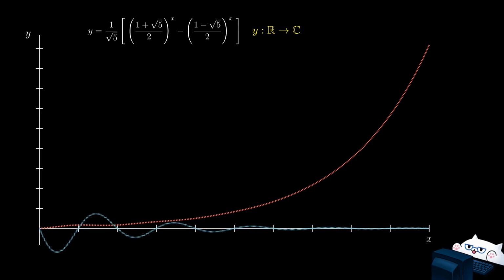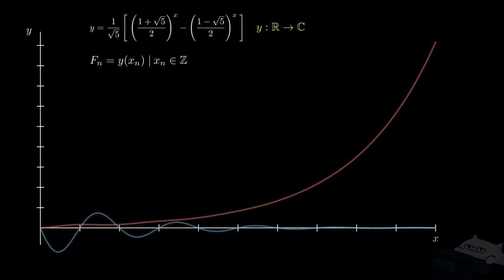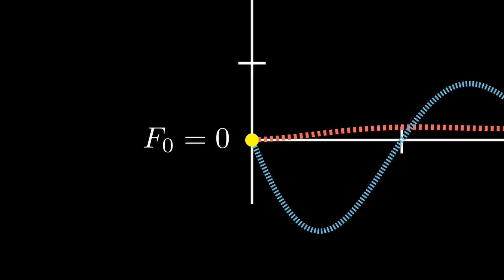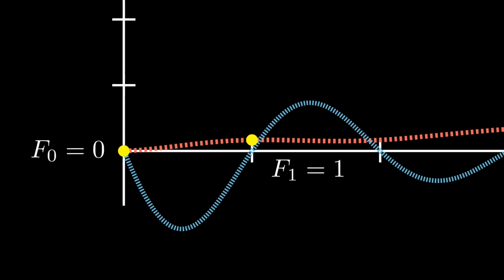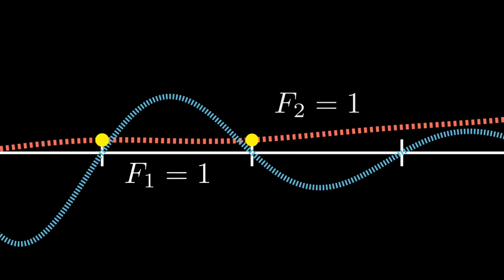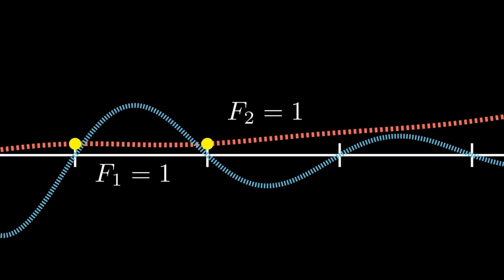Let's look at the points where x is an integer. Label them Fn. Here, as expected, the imaginary part zeroes out at all our domain's original points.